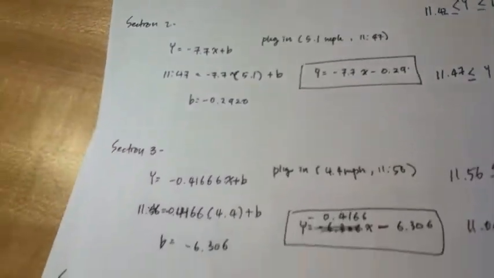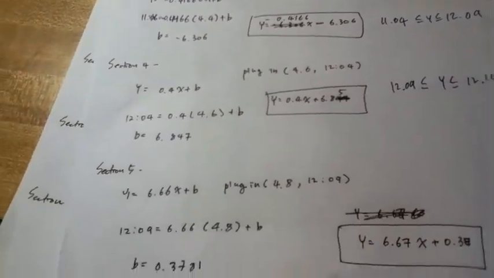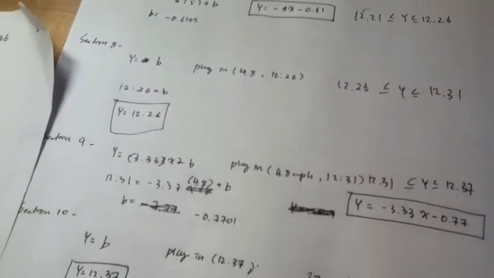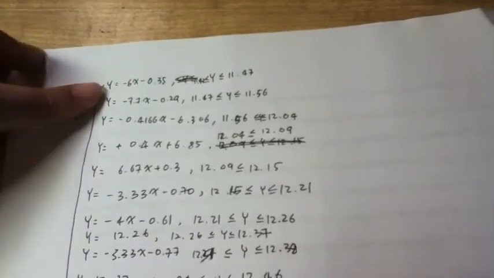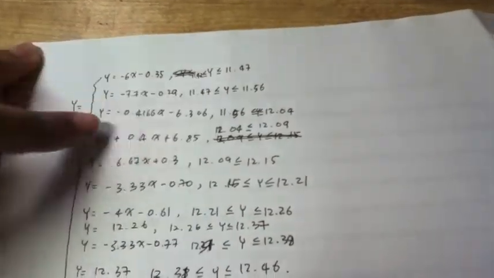I used the same way for every section. My final function for the entire graph is the functions with their limits.